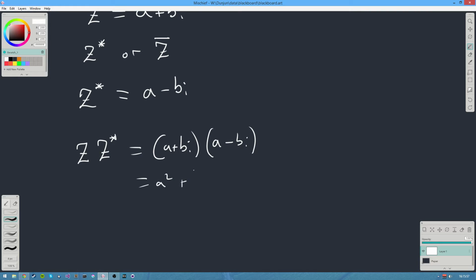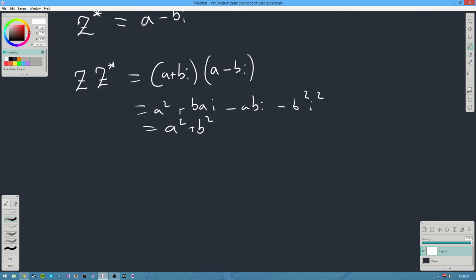Then we've got b times a i, and times it again, we've got negative abi, and then we've got minus b squared i squared. These two cancel out, and the i squared becomes minus 1, so what we've got is a squared plus b squared, which may sound a bit familiar. You've seen this Pythagoras coming out of here, a squared plus b squared equals c squared.